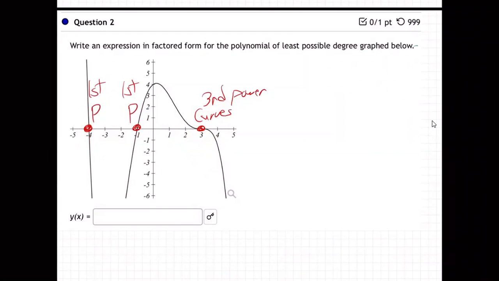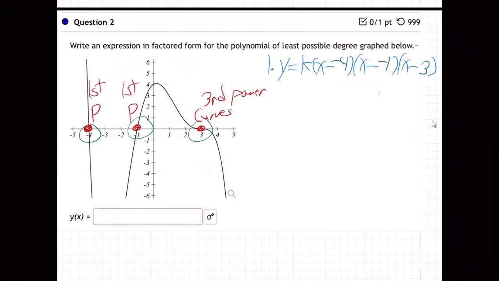Okay, so let's set up the general equation. Step 1: y equals k times (x minus) (x minus) (x minus). The different points are -4, -1, and +3.